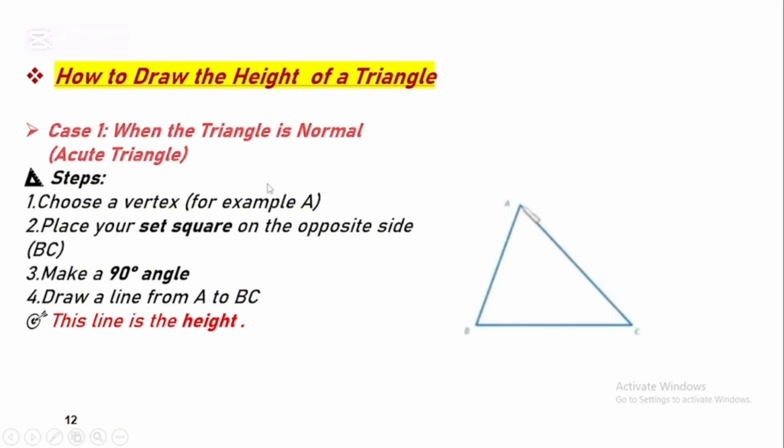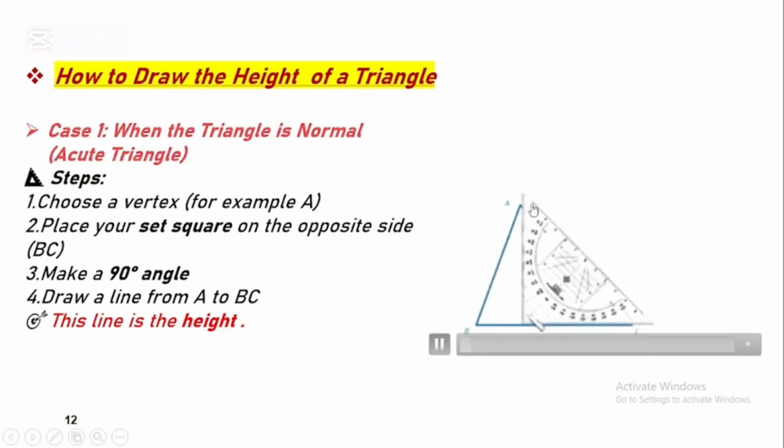We have three cases. Case 1, if the triangle is an acute triangle. First, we choose a vertex, for example, A. If we choose the vertex A, now we place the set square on the opposite side, which is BC, making angle 90 degrees, and now we draw a line from A to BC.